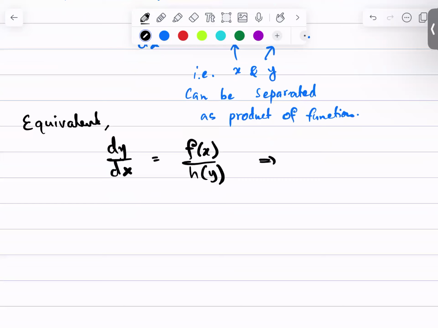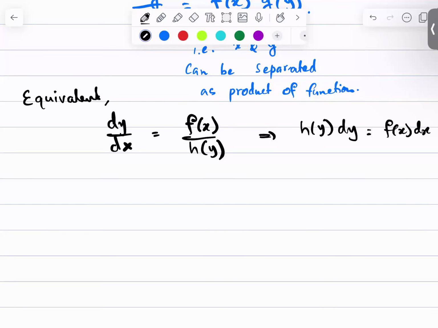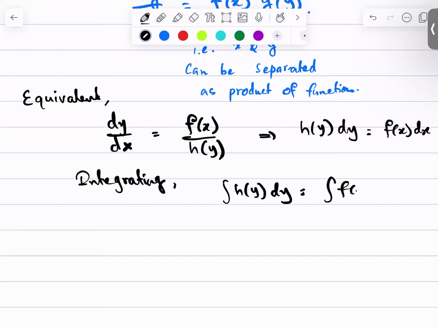And then this can be written as h(y) dy and f(x) dx on the other hand side. And then basically we will integrate. And by integrating, we'll get the solution. Okay.